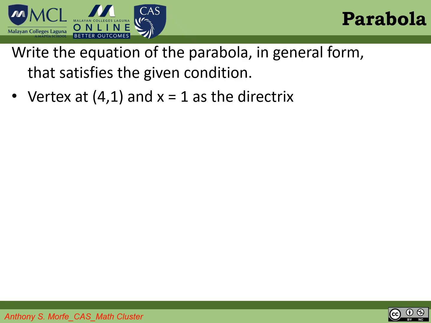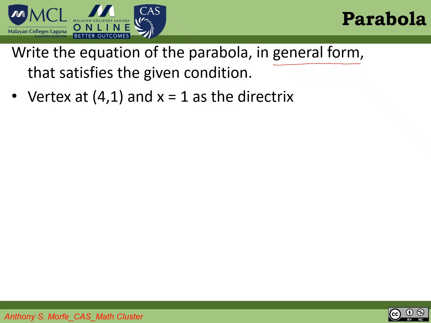And next problem. Write the equation of the parabola in general form. Okay, so a while ago we solved the problems writing the equation in standard form. This time we are asked to write the equation in general form that satisfies the given condition.